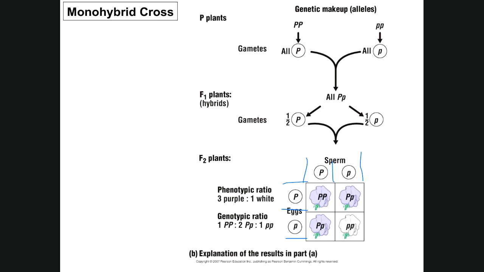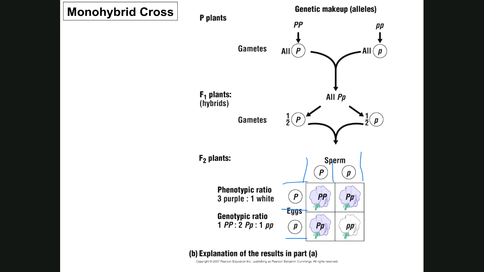If you notice over here, they're showing you sperm, and over here, they're showing you eggs. This is where you put the allelic information or the genotypic information for the gametes, sperm and the egg. Notice they're only giving you one letter, but that one letter is on a homologous chromosome that has been segregated from its homologous pair.